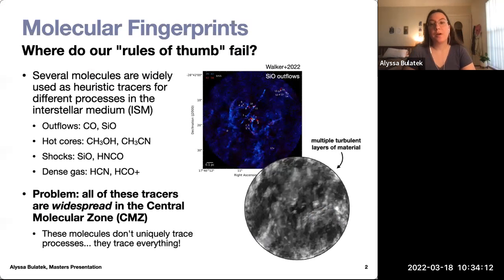As you may have heard, if you have ever studied the interstellar medium or the ISM of a galaxy, astronomers use several molecules as heuristic tracers for different processes related to star formation in the ISM. In fact, there was a paper that got upvoted today on the archive that I saw that was using some transition of something as a tracer for dense gas.